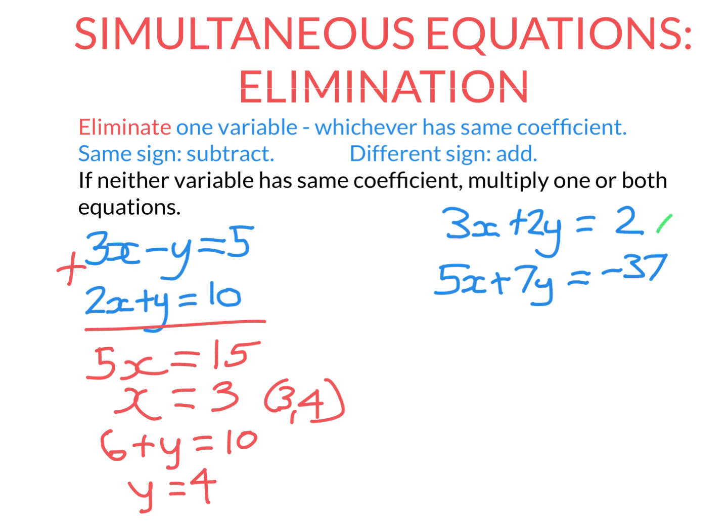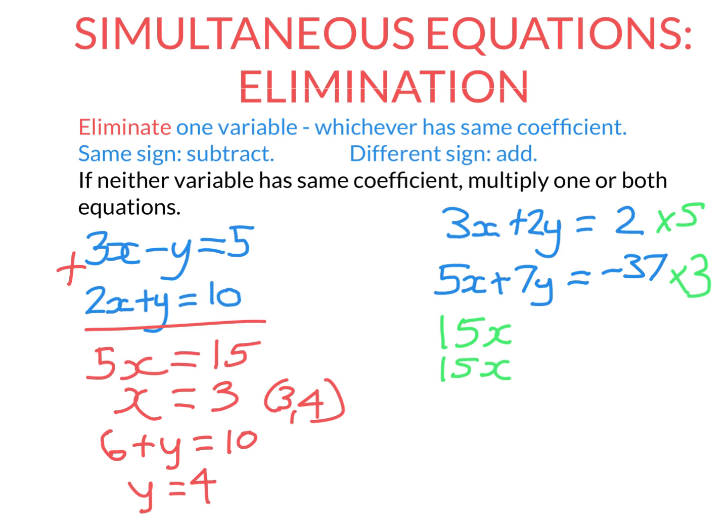I can multiply this top equation by 5, for example, and the bottom by 3. Why would I do that? If I multiply the top equation by 5, it becomes 15x. If I multiply the bottom equation by 3, it becomes 15x. Doing this will allow me to have the same coefficient of x in both equations.